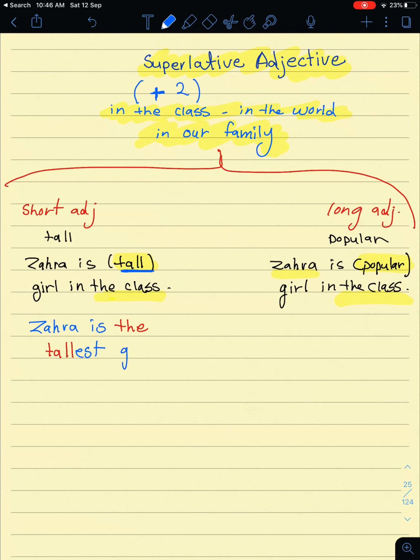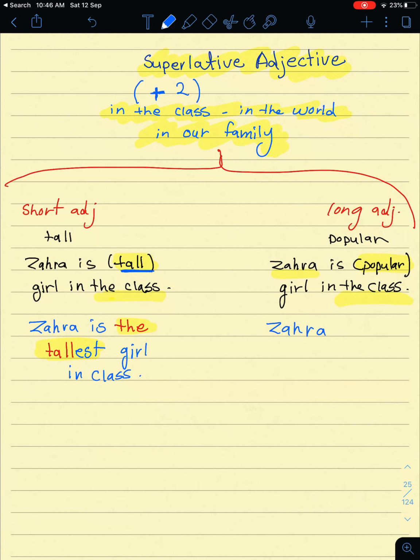Tallest, what? Girl in class. Okay, so here I say the tallest. الأطول. خلاص?